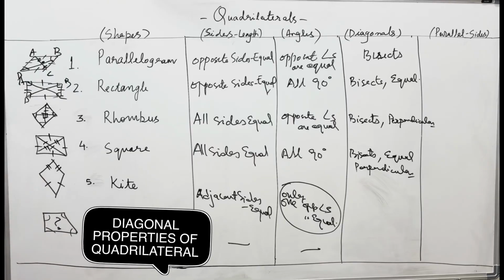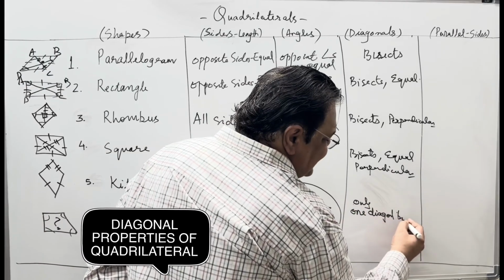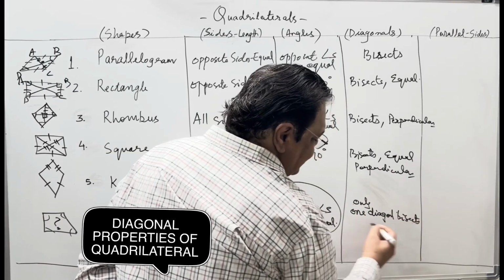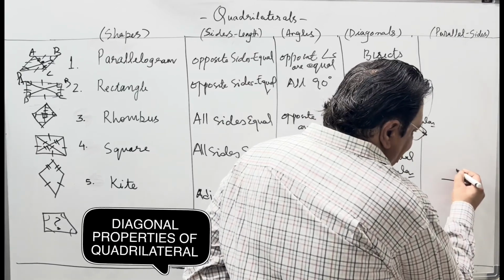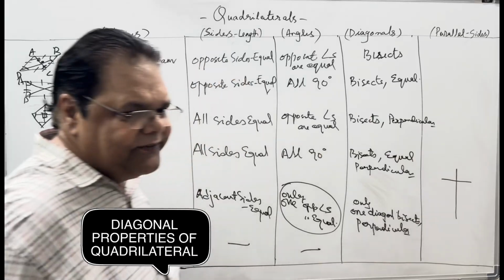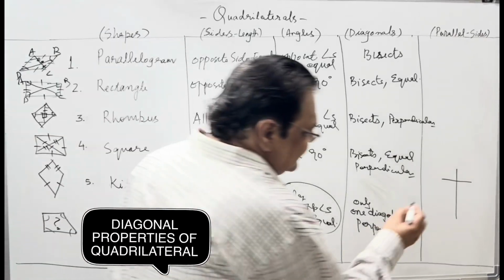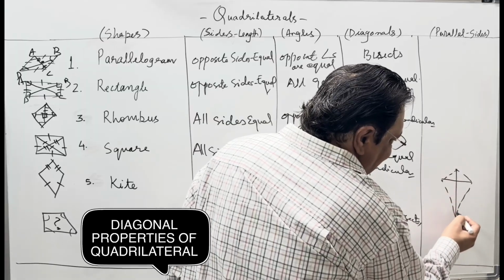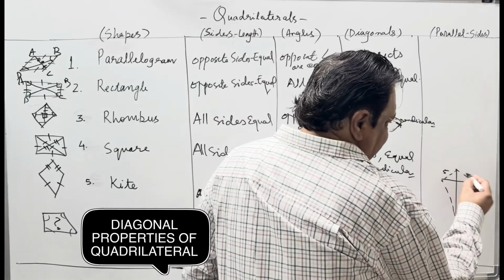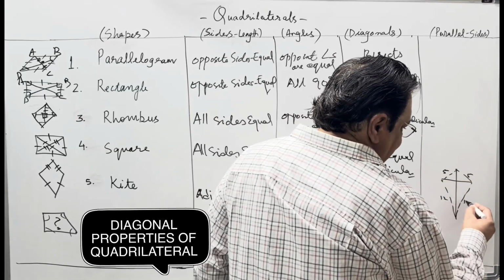In kite, only one diagonal bisects and it is perpendicular also. Suppose the kite looks like this. Agreed? You join this, you join this. Let's say this is 5 centimeter, 5 centimeter, 12 centimeter, 12 centimeter.